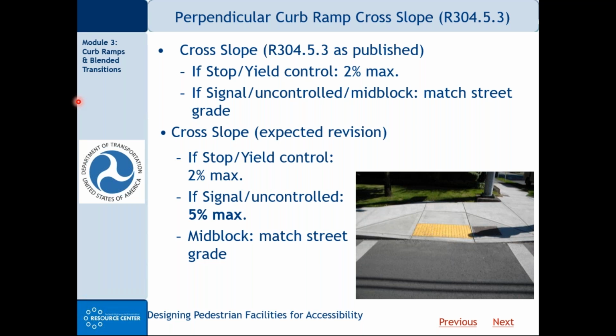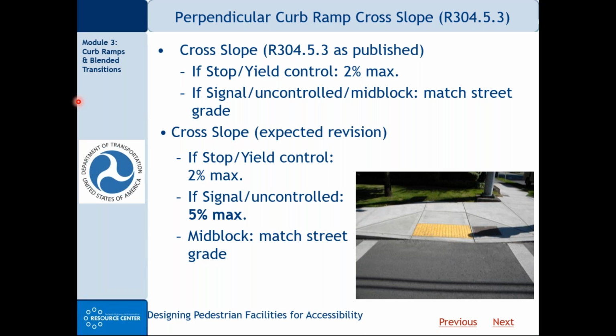If that roadway is signalized or uncontrolled, meaning the through roadway at a 2-way stop, for example, that would be uncontrolled, or a mid-block crossing, then the cross slope can match the street grade. But the expected revision is that for stop or yield control, it would still be 2% max, but for a signalized intersection or uncontrolled approach, the max cross slope would be 5%, and for a mid-block crossing, the cross slope can match the street grade.